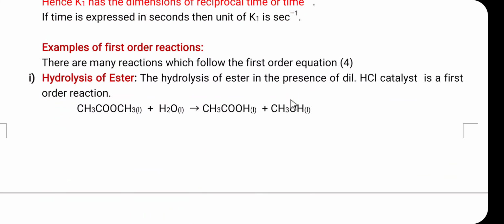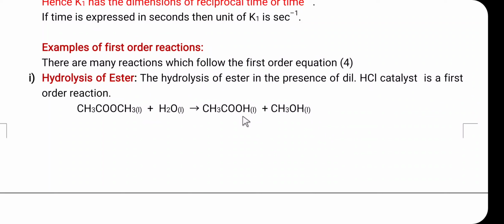Lastly, let us consider examples of the first order reaction. The first and the best example of the first order reaction is the hydrolysis of ester. So, hydrolysis of ester in presence of dilute HCl catalyst is a first order reaction. This is methyl acetate plus water in presence of dilute HCl.